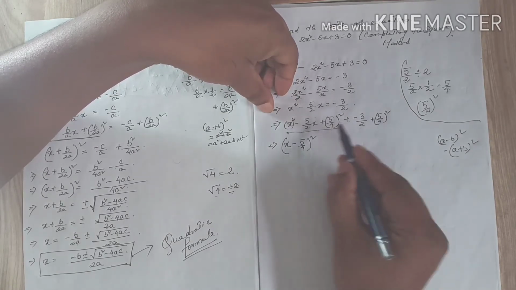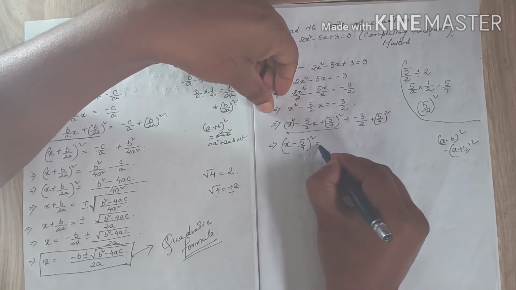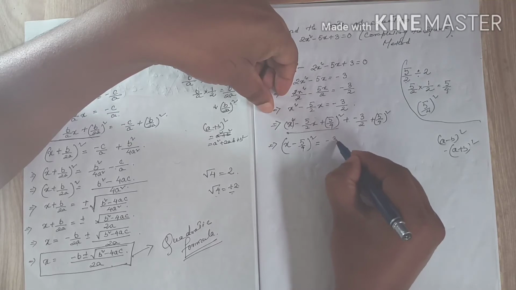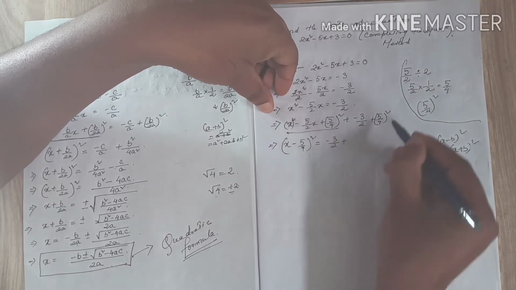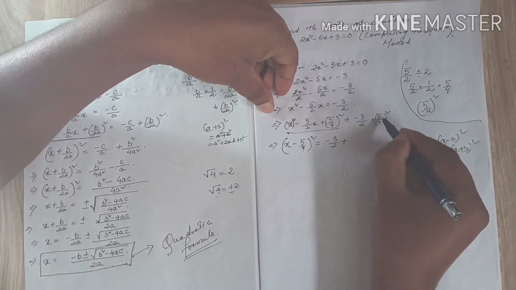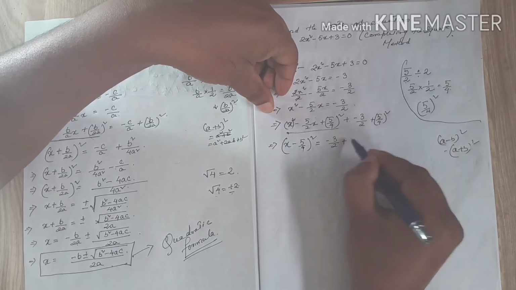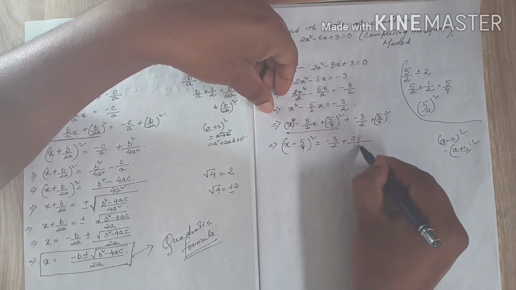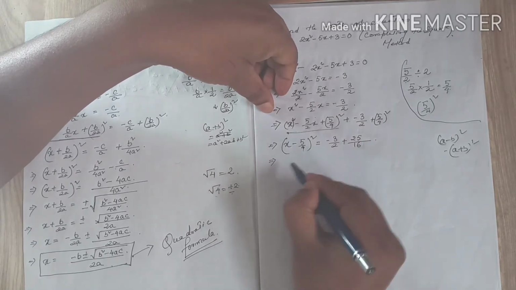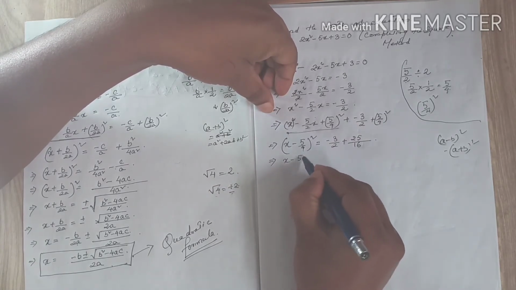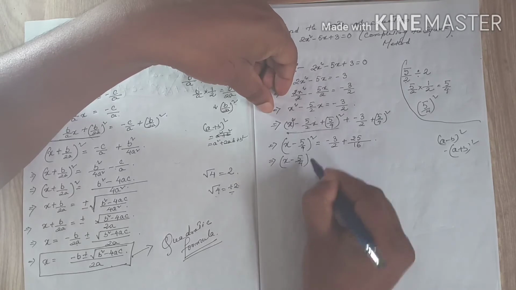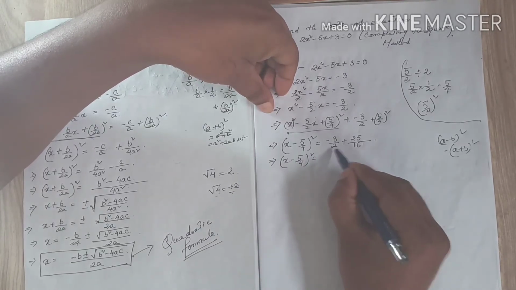Remember that one. (a minus b) whole square is equal to minus 3/2 plus, simplify it. Remove this bracket. 5 square means 25, 4 square means 16. So (x minus 5/4) whole square is equal to, now you have to simplify, take the LCM of 2 and 16.